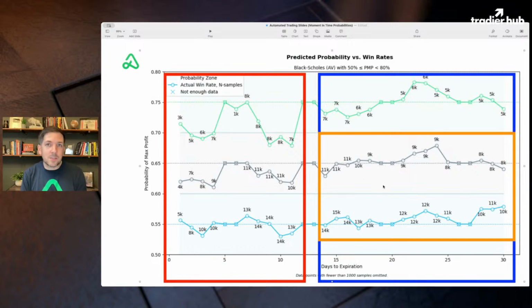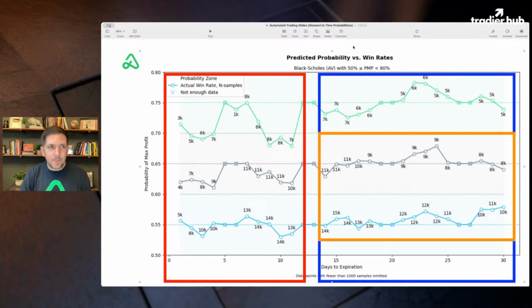It's because of this research that I've adjusted that range down and made sure that I stick in this range here, kind of this orange box or so, 15 to 30 days and about 60, 65% probability of success. That's where I want to park myself. It also happens to be where we have a lot of data and research. Okay, all right, so let's keep going here.